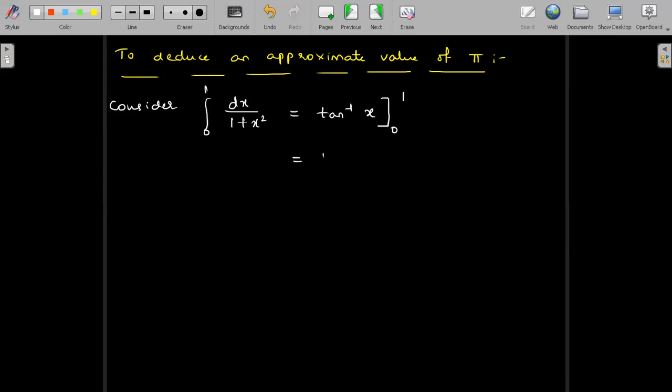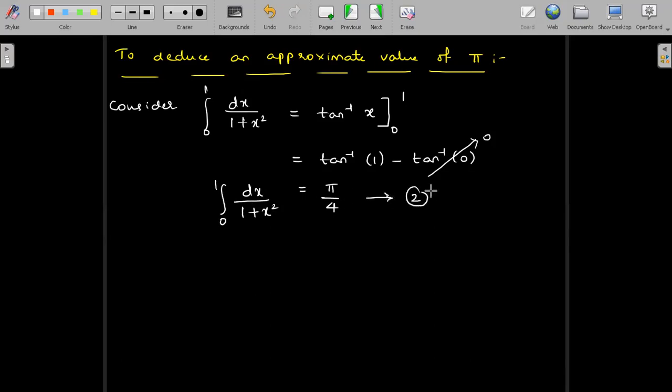So we have tan inverse 1 minus tan inverse 0. And tan inverse 1 is nothing but pi by 4, and tan inverse 0 value is 0. So integral 0 to 1 dx divided by 1 plus x square is pi by 4 in the manual work.